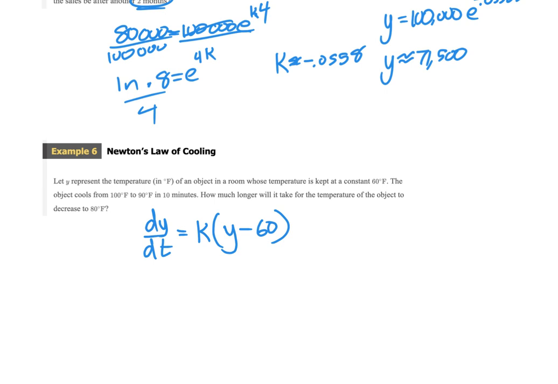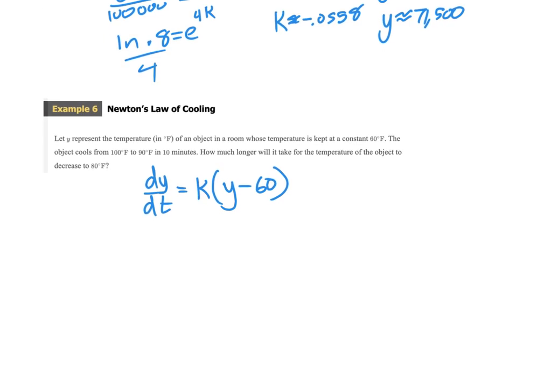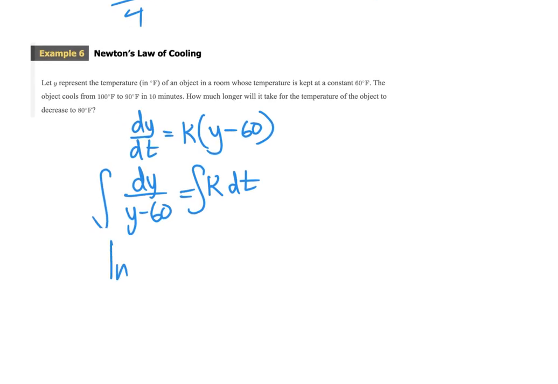Let's solve this. We're not going to put our values in. I need to separate my variables. So I've got dy over y minus 60 equals k dt. We'll integrate both sides. So this gives me the natural log of y minus 60 equals kt plus c. Now, because we start with a value above 60 degrees, this is going to be positive, so we're going to drop these absolute values.